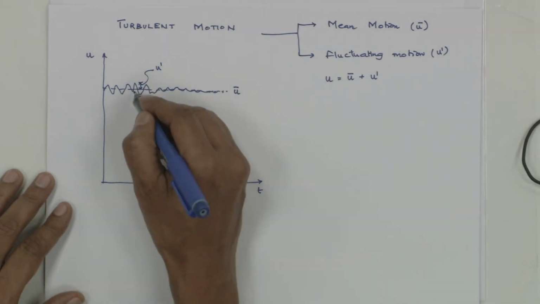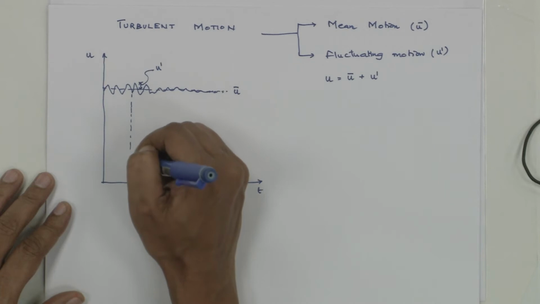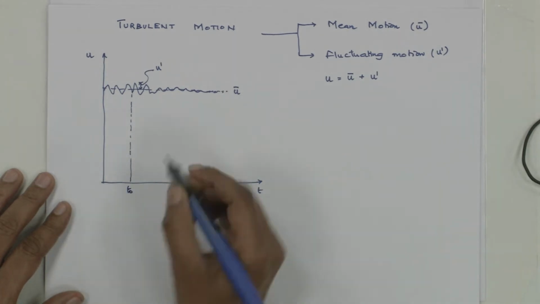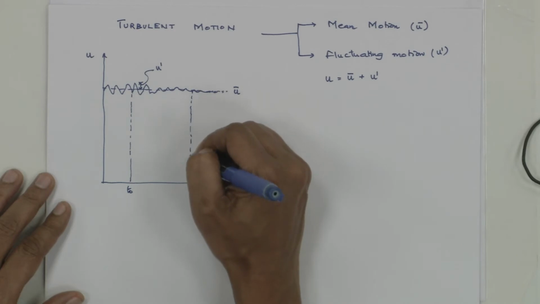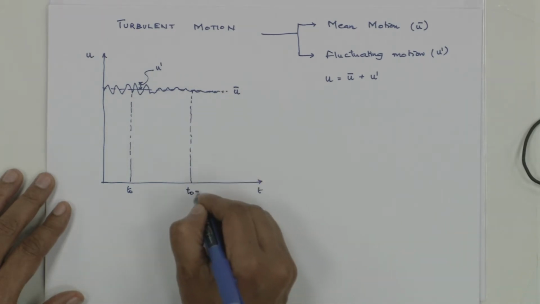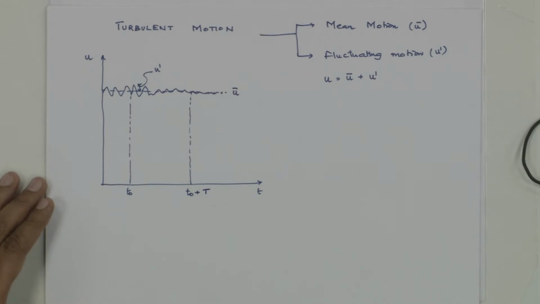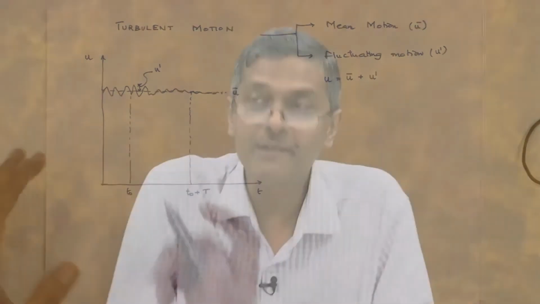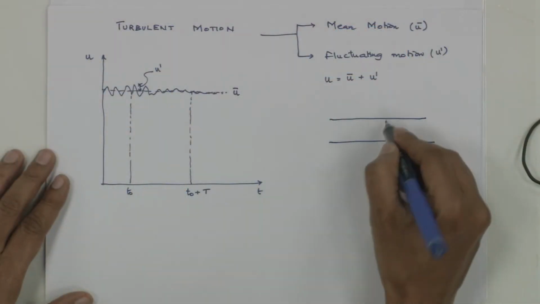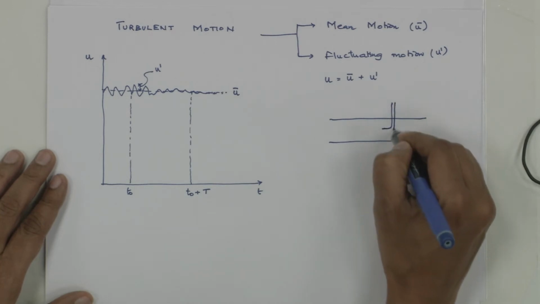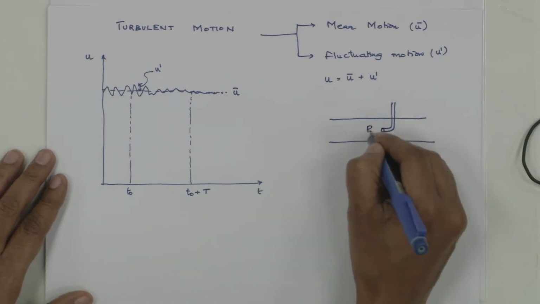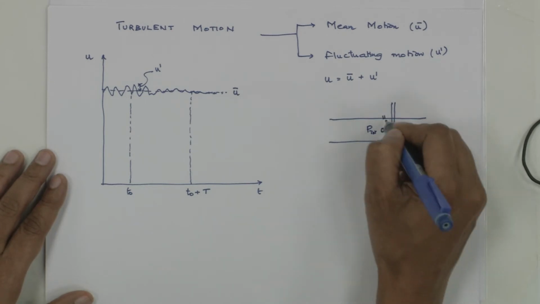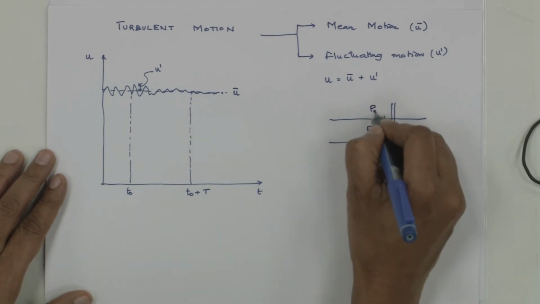Now let us say this is some time t naught and some other time t naught plus t. Before I do this definition of u bar and u prime, we should understand how I can measure this. Can I measure this with a pitot tube? We have a pipe. If I insert a pitot tube, this measures total pressure. A static tap here measures static pressure.